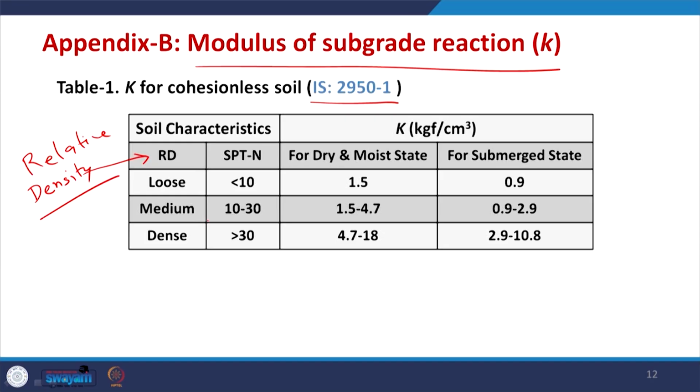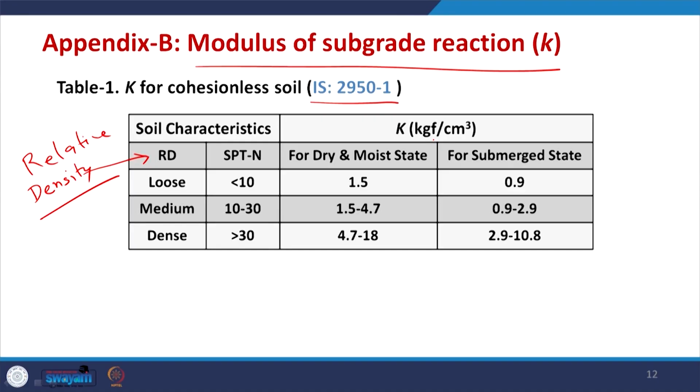The corresponding value of K is given here in kilogram force per centimeter cube for 2 cases: if you have soil in dry or moist state, and the value listed here for submerged state. For dry and moist state it is 1.5 kilogram force per centimeter cube. Naturally this code is given in kilogram force per centimeter cube, and suppose you want to calculate in SI values.